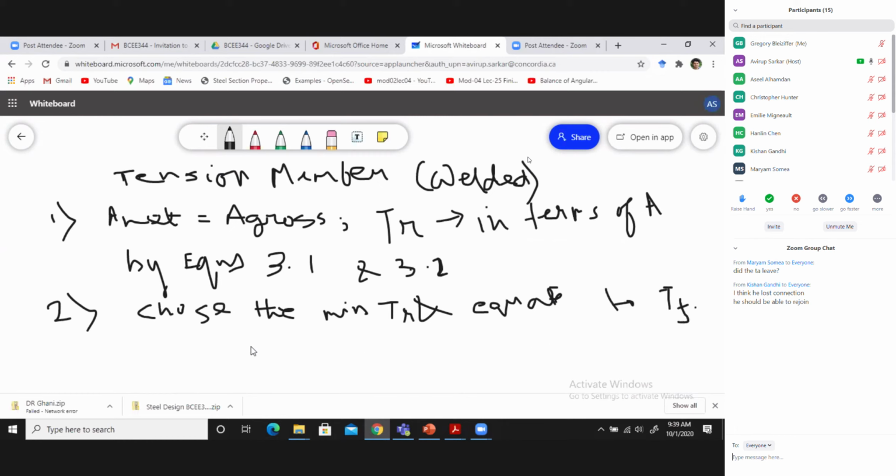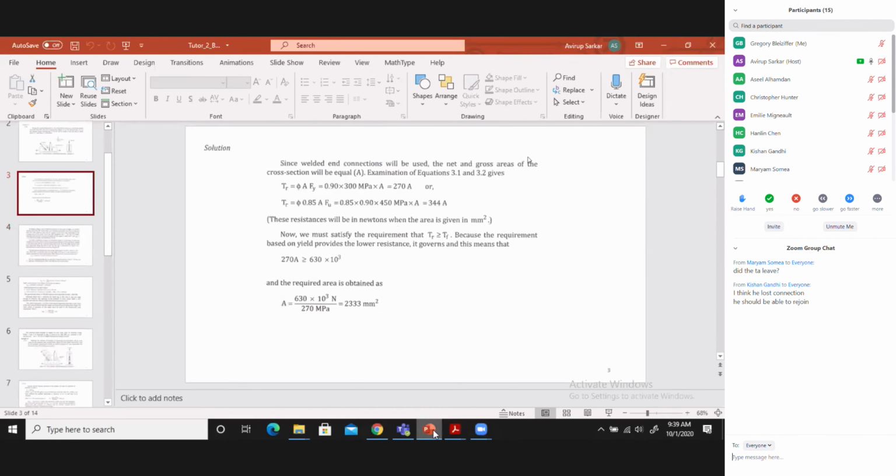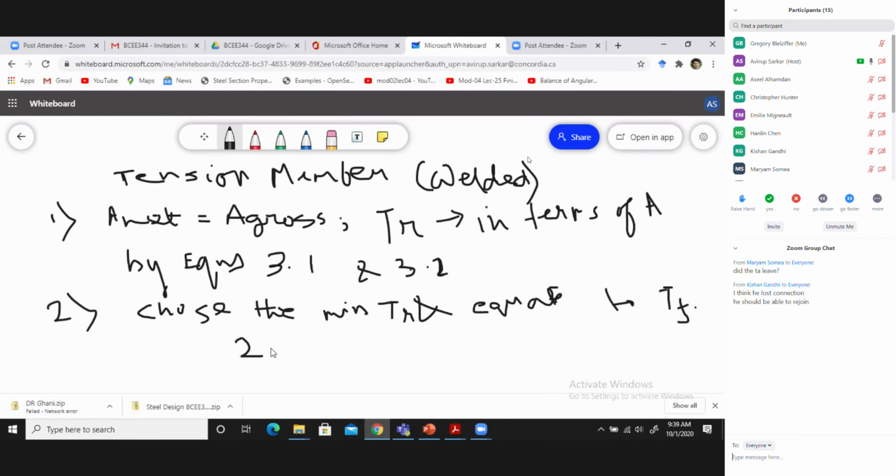So in this case the minimum was around 270A. So you get 270A, and you equate it to the factored load TF.